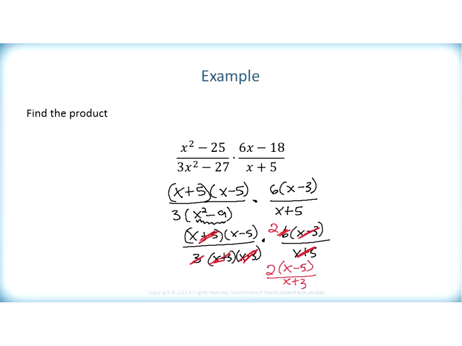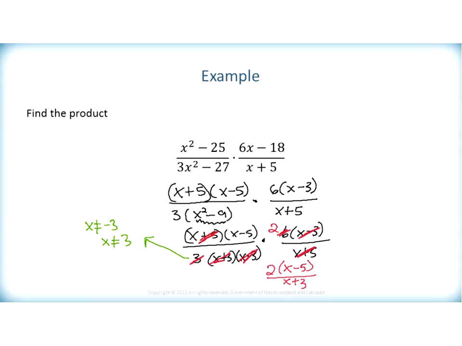Now your NPVs will involve anything that has been in the denominator. So your NPVs for this one will be x cannot equal negative 3 and x cannot equal 3.